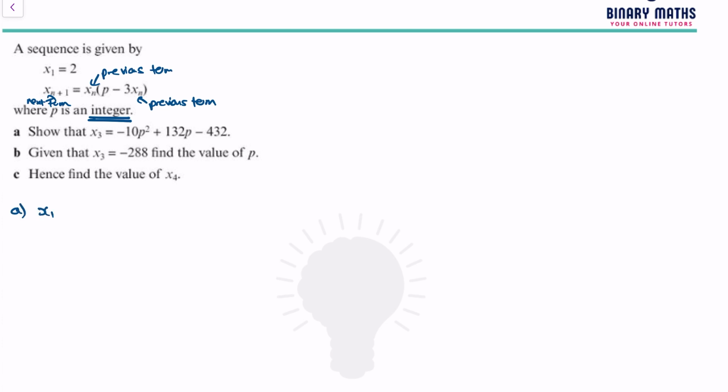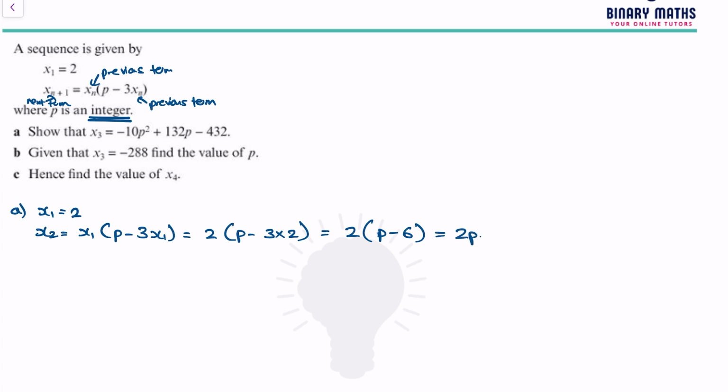So x1 is equal to 2. To find x2, we're doing x1, the previous term, times (p minus 3 lots of the previous term), which is equal to 2 times (p minus 3 times 2), which is equal to 2 times (p minus 6), which is equal to 2p minus 12.